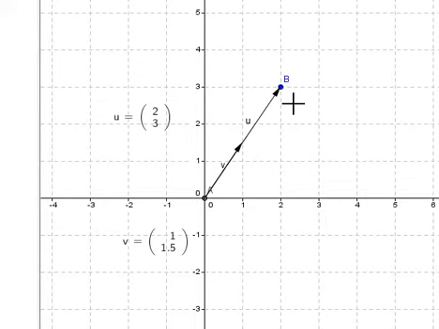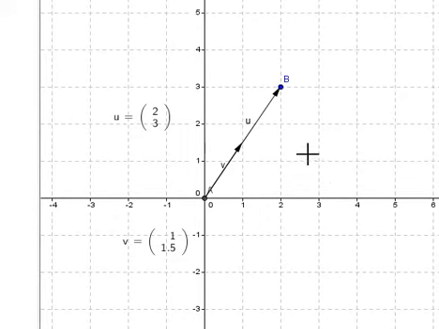Now let's look at the two vectors and what their properties are when they satisfy the condition of being parallel to each other. One is the scalar multiplication of the other one.